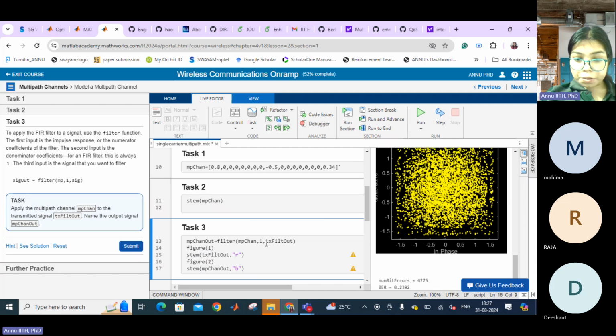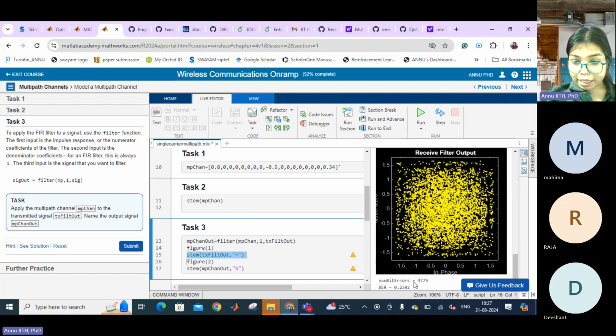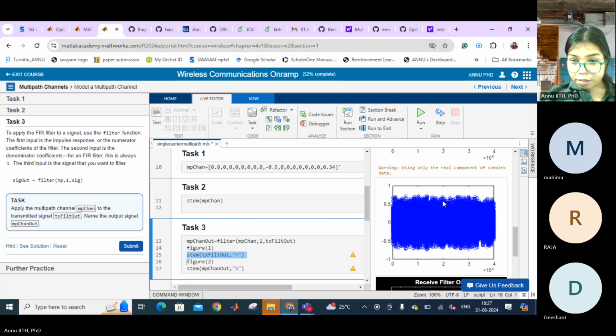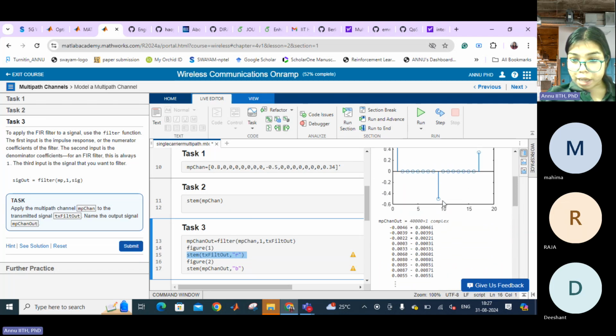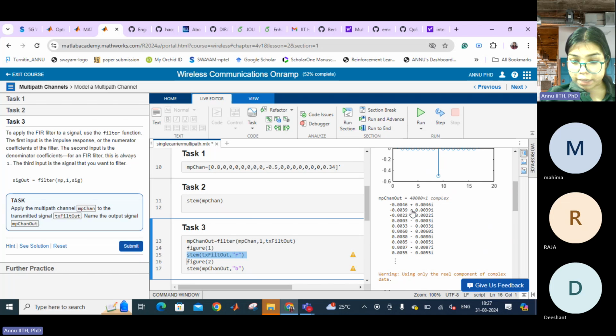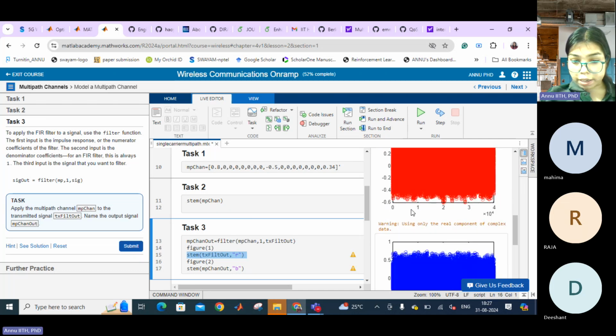So in the previous class we saw the bit error rate, so I think that only it is printing. Bit error rate, number of bit errors is equal to 4775 and bit error rate is 0.2392. And so the multipath channel out is this one. And these are the two plots, red and blue.